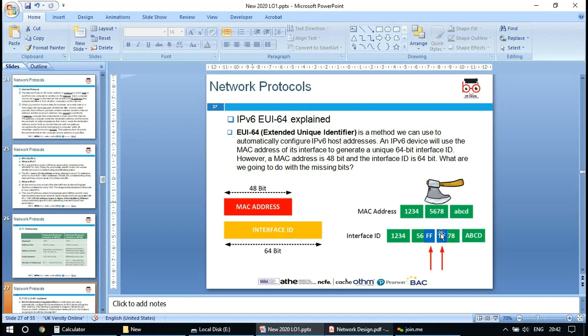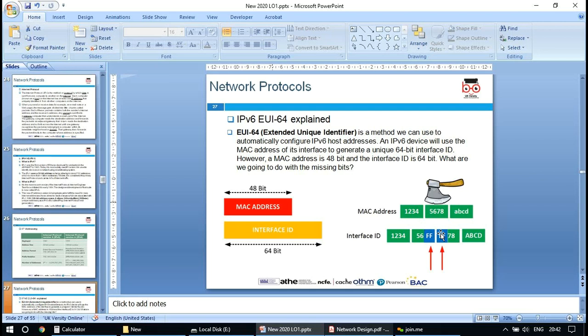So the previous MAC addresses, you understand what the MAC address is? Yes, the MAC address is the unique identifier for the network card or device. Yes, the network interface card or any interfacing device available in networking.